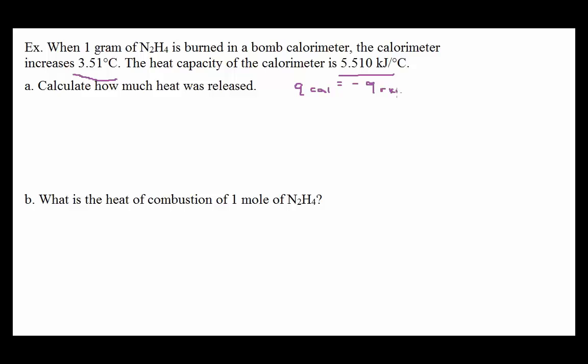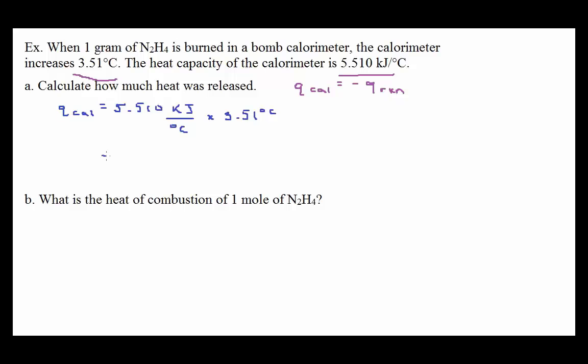And so since we're given the increase in temperature that the calorimeter experiences and the heat capacity of the calorimeter, we're first going to calculate the heat of the calorimeter. All we have to do is take the heat capacity, which is 5.510 kilojoules per degree Celsius, and multiply that by the change in temperature, which is 3.51 degrees Celsius.